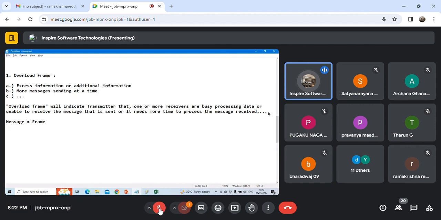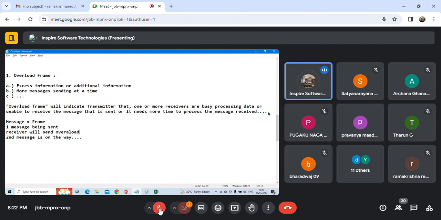So you send one message. After one message is sent, the second message you are sending immediately. One message is being sent, the second message is on the way. Between this message and this message, one of the receivers is still processing the first frame.